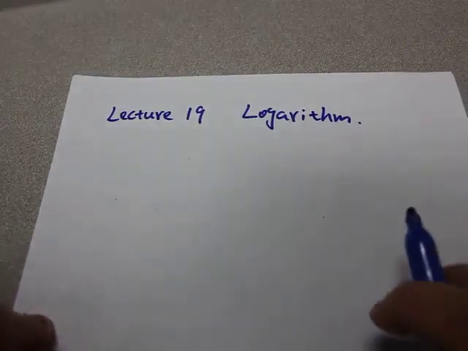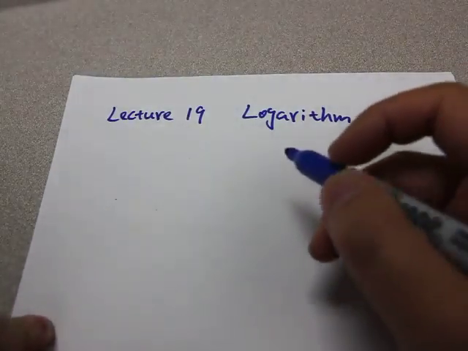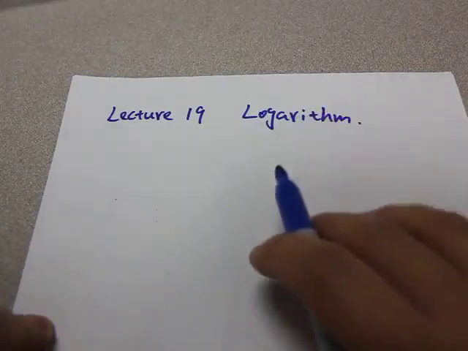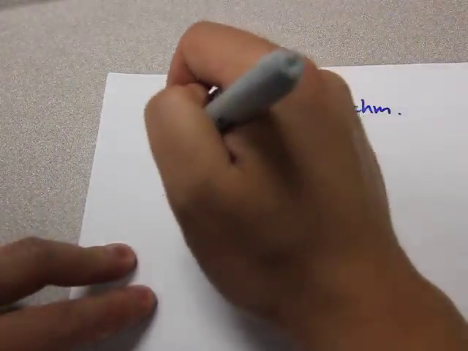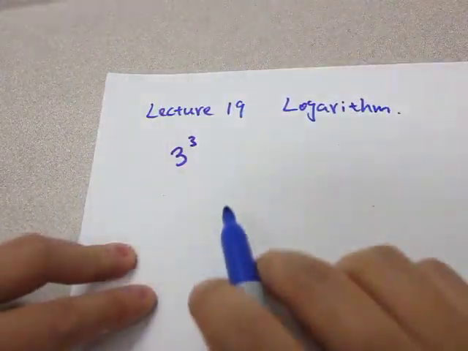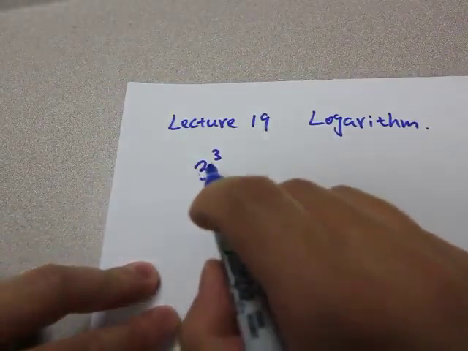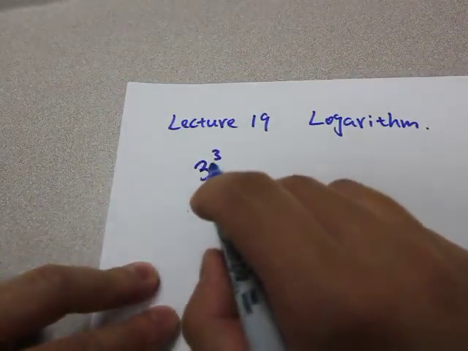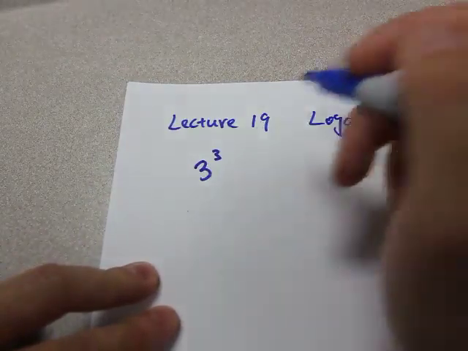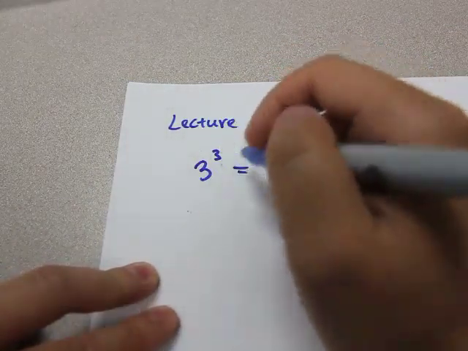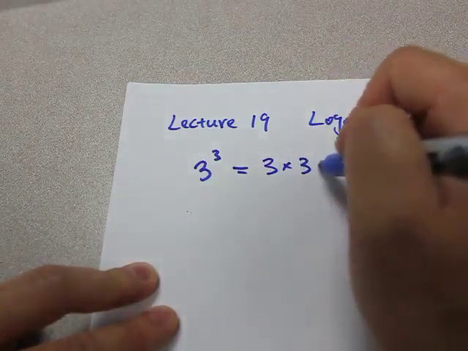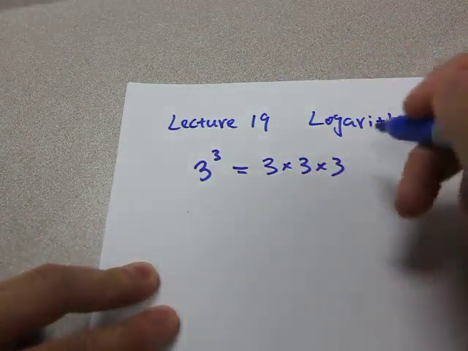Okay, in this video, I'm going to introduce what is a logarithm. So we know that this exponent 3 to the power of 3 is equal to 27, because this notation means we have 3 multiplied by itself 3 times.